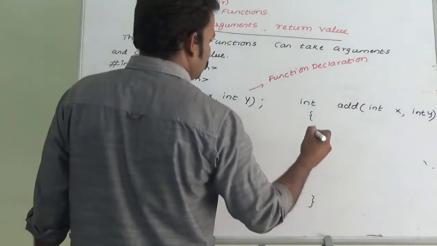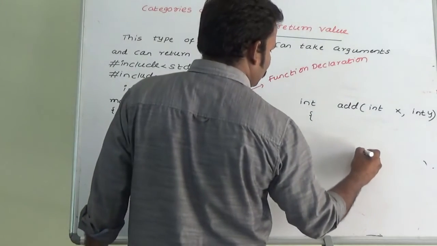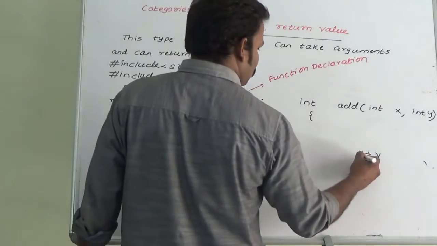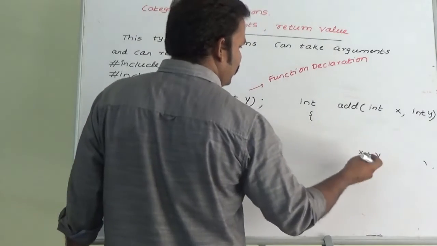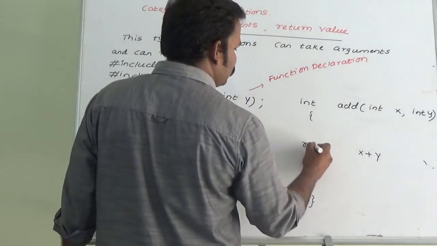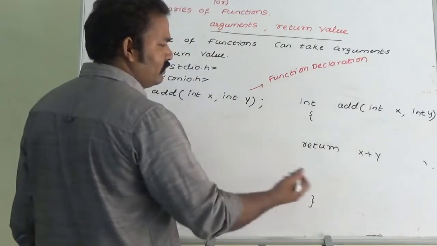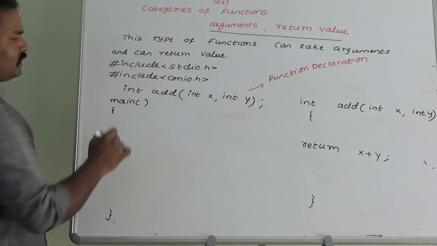So I want to perform the addition operation, x plus y. After performing the addition operation, I want to return the result value to the calling function. By using the return statement, we can return a value to the calling function. Now I want to call that function.